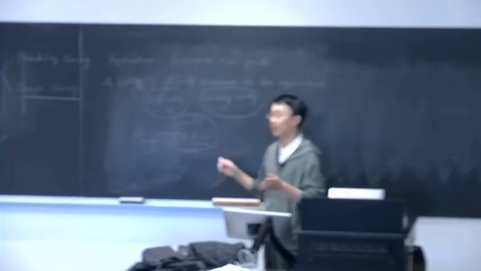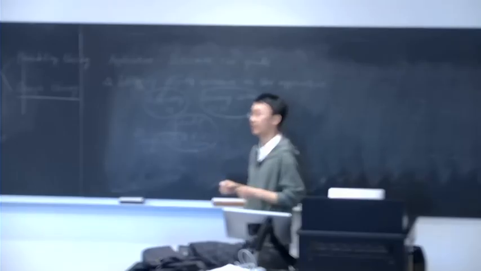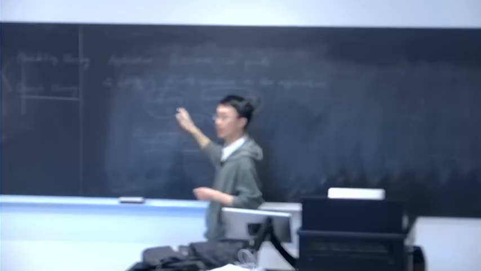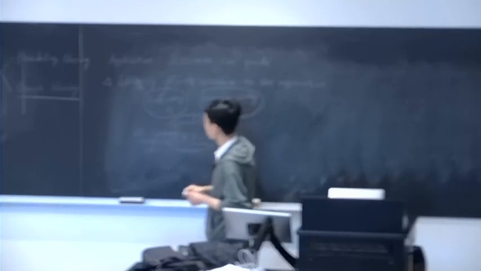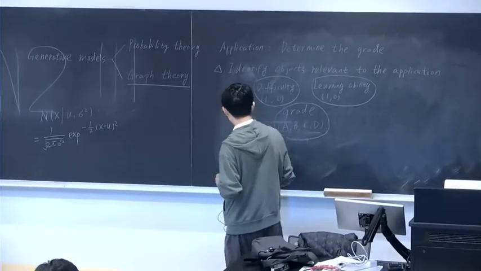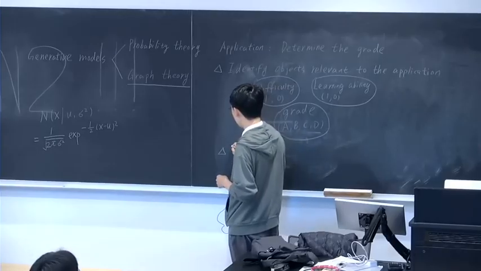In a graph, you have nodes, and the nodes are connected by edges. So after we identify these objects, we can put them on the nodes of a graph. This is the first step. After this step, the next thing we need to do is to identify the relations between objects.